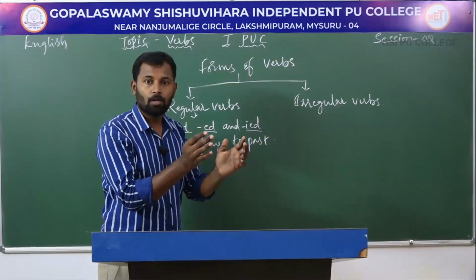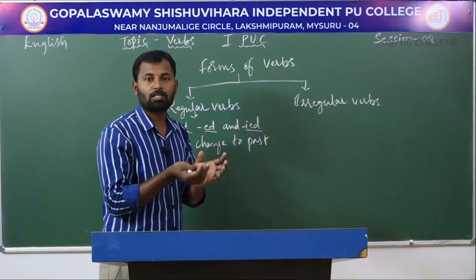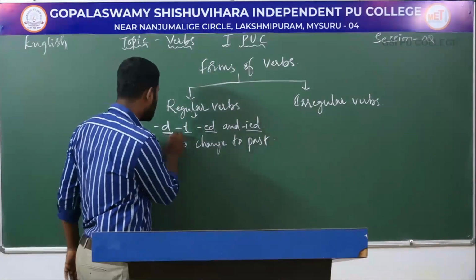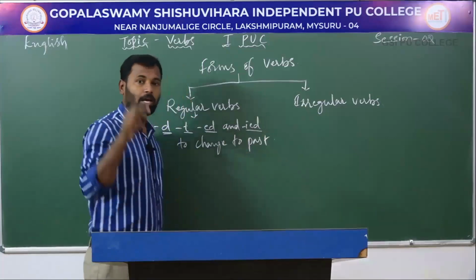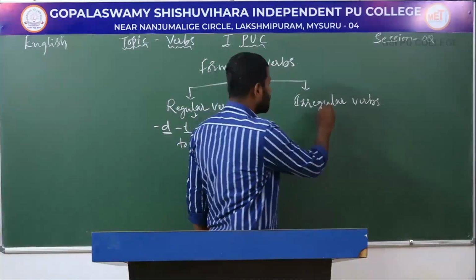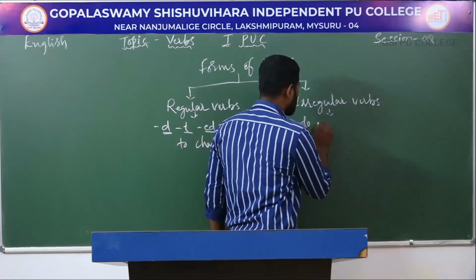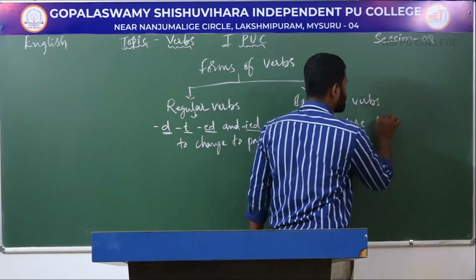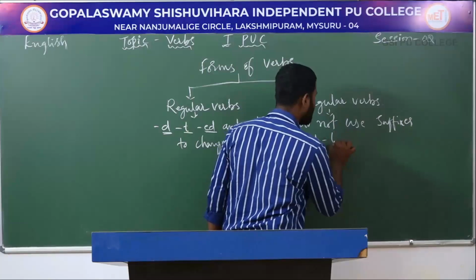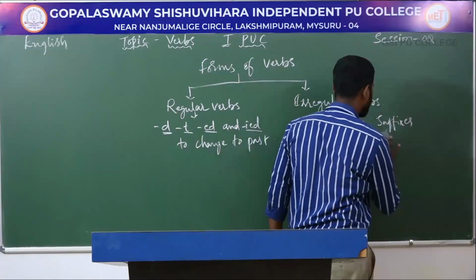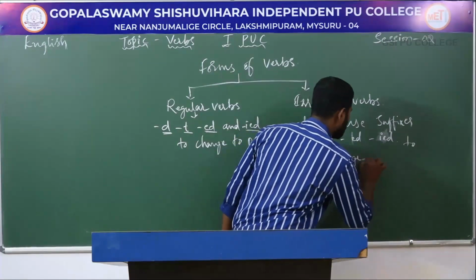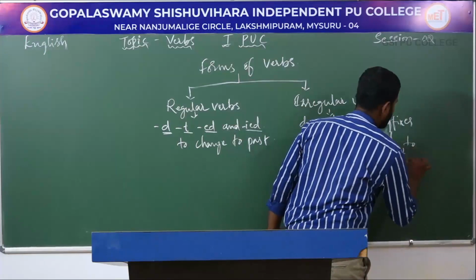Okay, you have a verb. Using the same verb, if you want to construct a sentence in past tense, that particular verb will have any of these suffixes in order to change itself into the past form. And what are irregular verbs? These irregular verbs do not use suffixes like D, T, ED or IED to change to past.